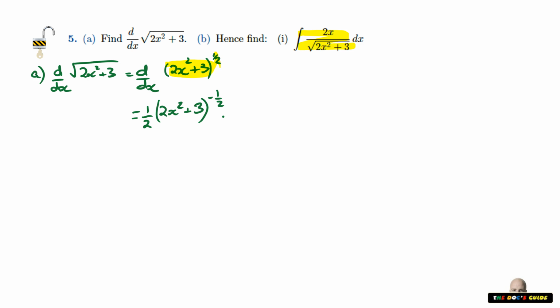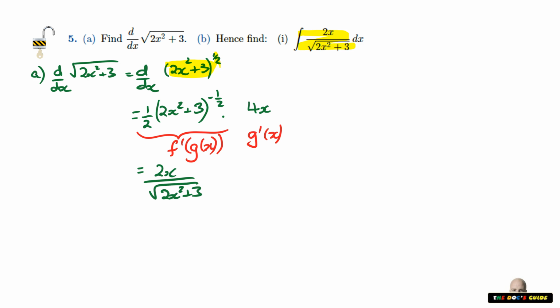So that is a half of (2x squared plus 3) to the minus a half, and when we rewrite that back in root form, times 2x, so that's the first bit of our function of a function rule. We differentiate what's in the brackets, which is 2x. And then this is our final answer, that the differential of the square root of 2x squared plus 3 is 2x on the square root of 2x squared plus 3.